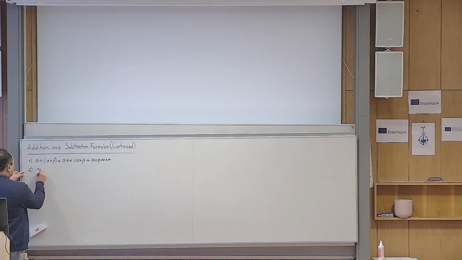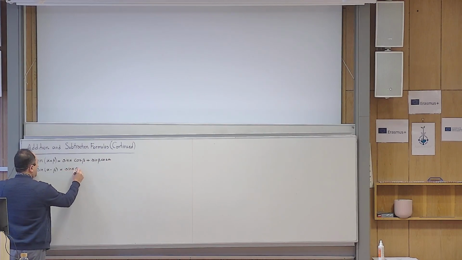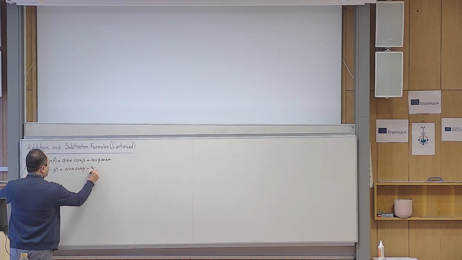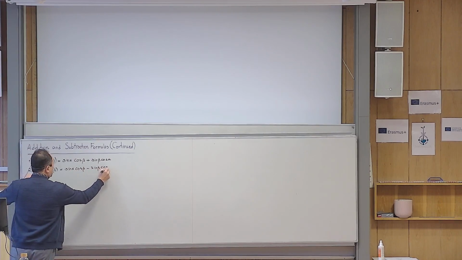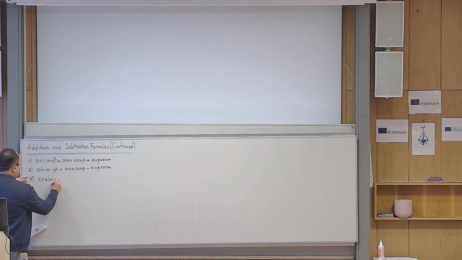Of course, naturally, the second one is what happens if I have the difference of 2 angles. That would be exactly the same thing, but the sign will change to a negative sign, yes? So number 3, we also had similar formulas for cosine. So cosine alpha plus beta.